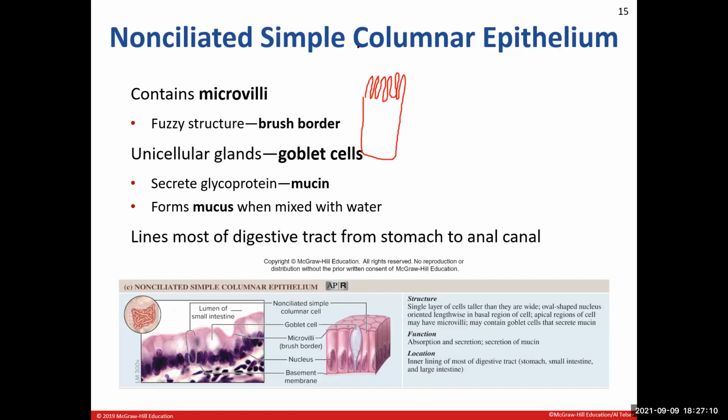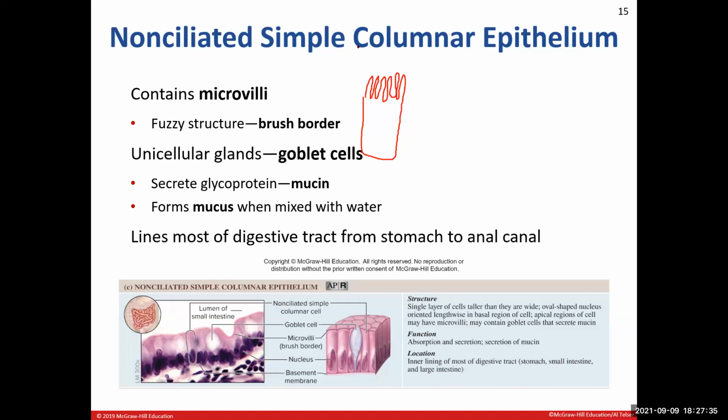So only columnar cells can be ciliated. No, that's a great question. For this course, that's what we're going to talk about. You're going to find out that you can have some cuboidal cells that have cilia on them. But for this course right now, we're only going to deal with the cuboidal.